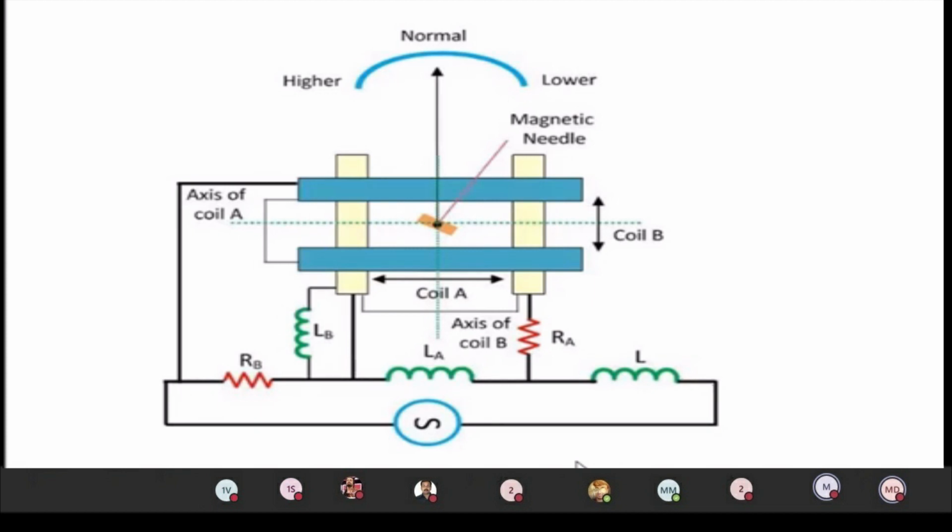Here our condition is coil A receives less current and coil B receives more current. So the magnetic field produced by coil B will be stronger than coil A.